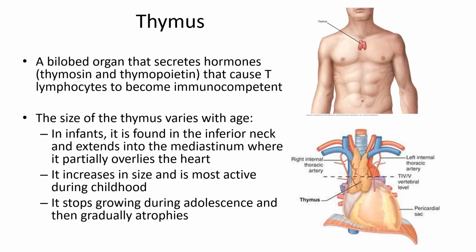The thymus is an interesting component of the lymphatic system because it's also part of the endocrine system. It's an endocrine gland. It produces thymosin and other hormones that can activate and promote the maturity of T lymphocytes. T lymphocytes get their name from the thymus. The T stands for thymus.